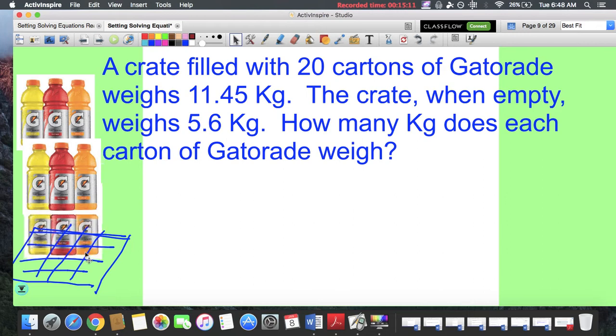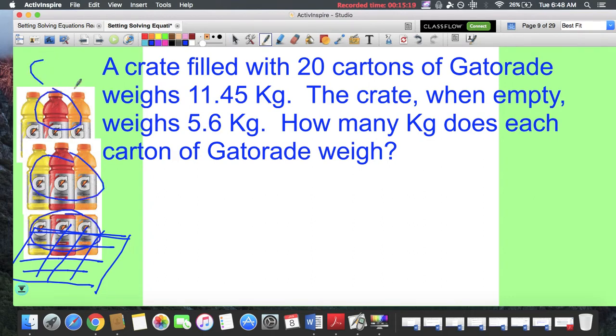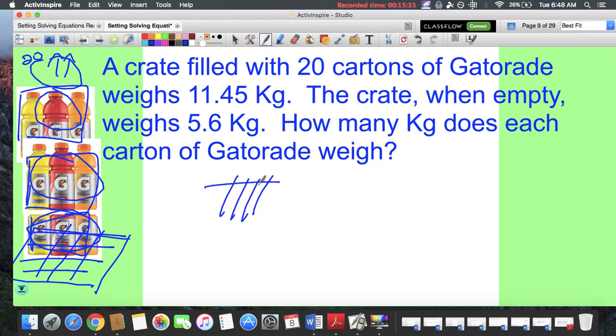Alright, so imagine that. And there is how many? 20. So imagine 20. 1, 2, 3, 4, 5, 6, 7, all the way to the top. 20 boxes of Gatorade on top of a crate. So we have this crate.